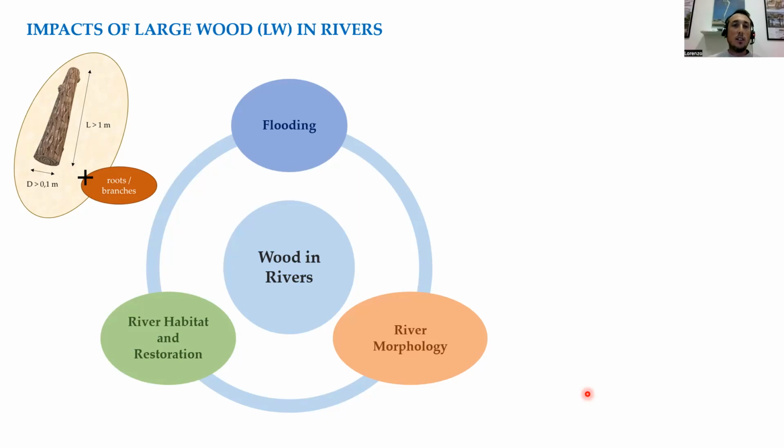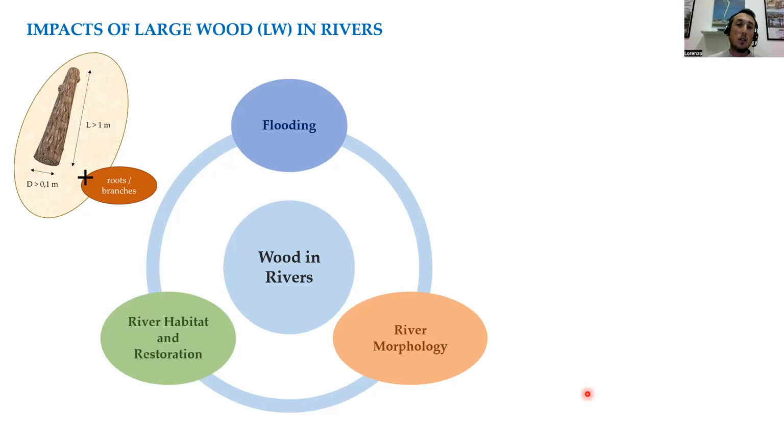So why is it important to consider the presence of these elements while considering all the processes that we have in our rivers? First of all, the decomposition of wood is the first process that provides nutrients for the river ecosystems, so it's really important for the river habitat and restoration.